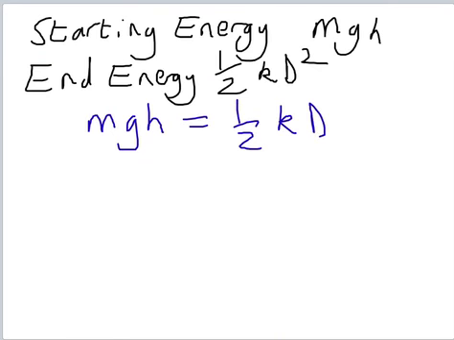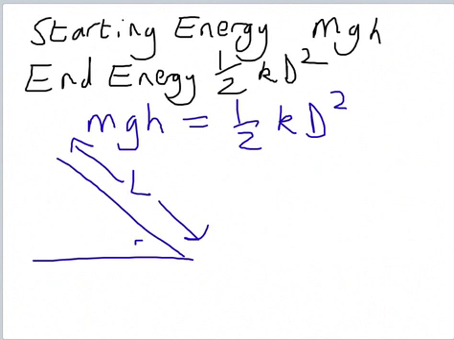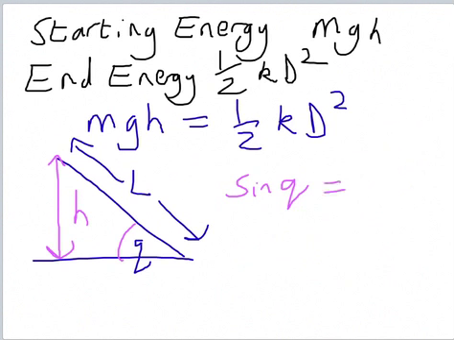But what is h? Remember we had a slope of length L, angle q, and h is here. So using trigonometry, opposite over hypotenuse is sine, so sine q equals opposite h over hypotenuse L, which means rearranging that h equals L sine q.